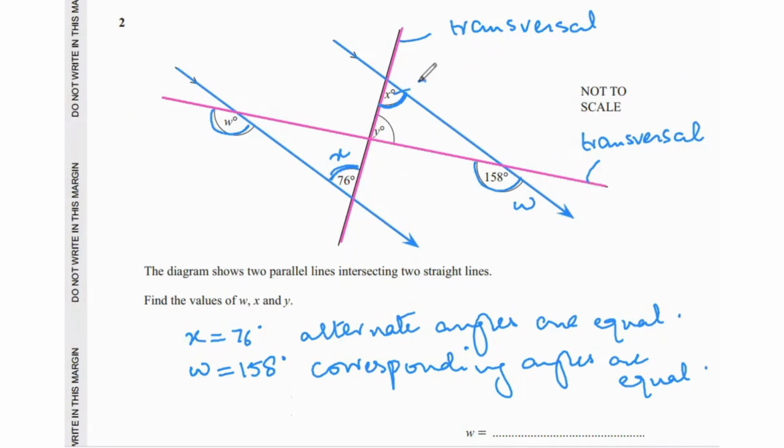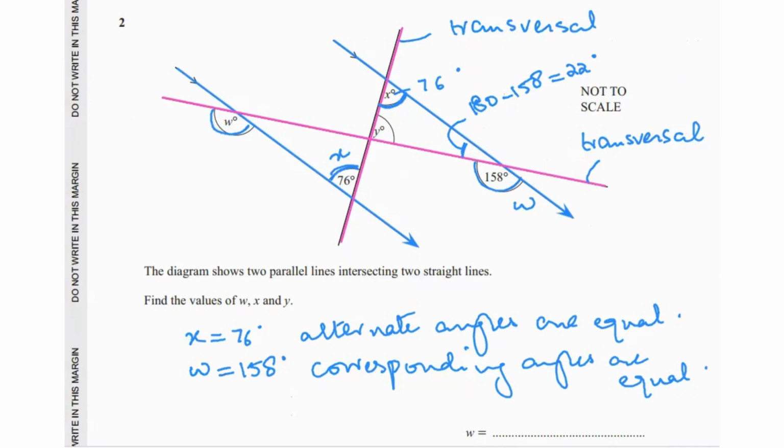Now, talking about y, if x is 76 and this w is 158, this angle is going to be 180 minus 158. Why? Because the parallel line is a straight line as well. Sum of angles on a straight line is 180. So if we subtract 158 from 180, that gives us the remaining angle, which is going to be 22.